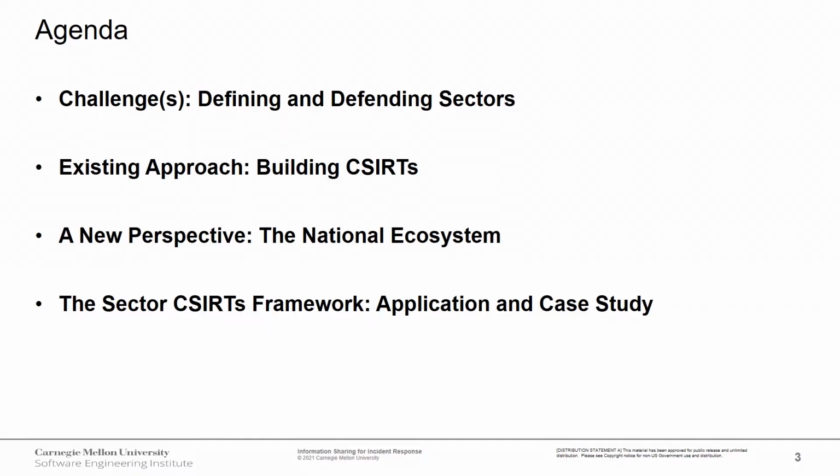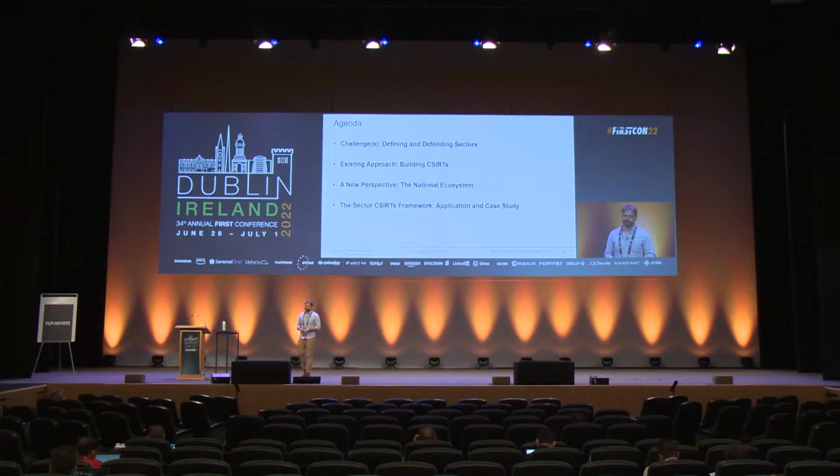So just a quick preview. We'll talk first about defining sectors and defining a Sector CSIRT, right? We have to know what we're talking about before we can really understand the challenges. But then we'll talk a little bit about building CSIRTs and why some of the existing approaches don't necessarily work really well for Sector CSIRTs.